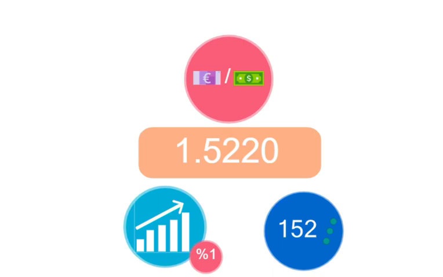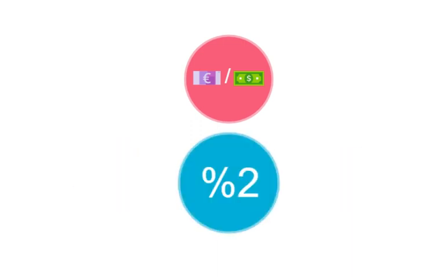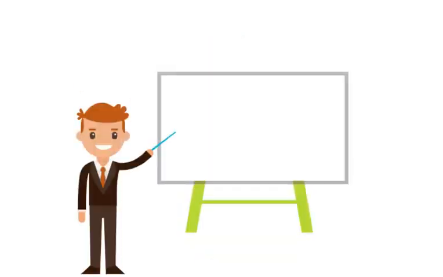So, if we said that the daily fluctuation of the euro to dollar is about 100 pips a day, by what percent does the euro dollar fluctuate on average? About 0.7 to 0.8%, and in more turbulent periods, 2% at most. From this, we can learn of a new and important advantage that exists in the Forex market.